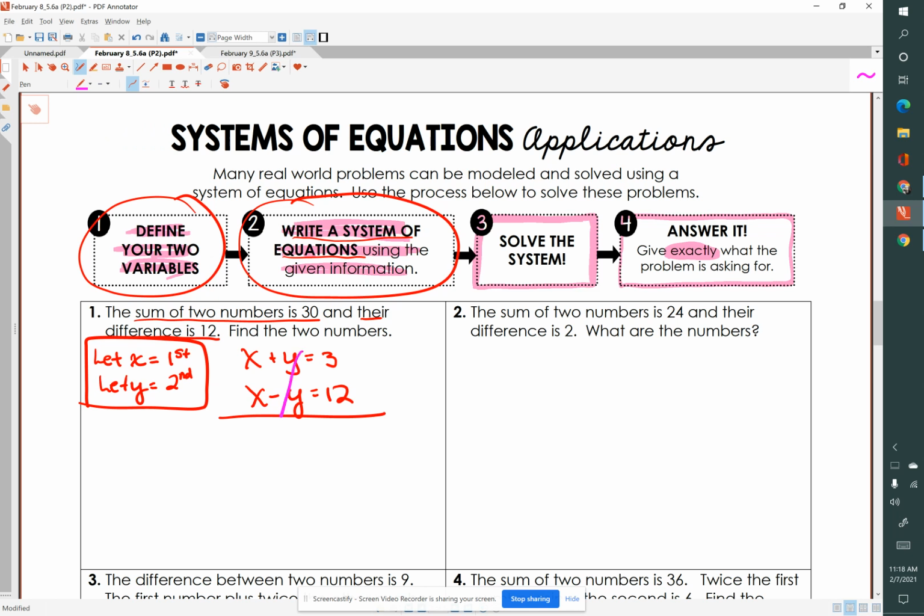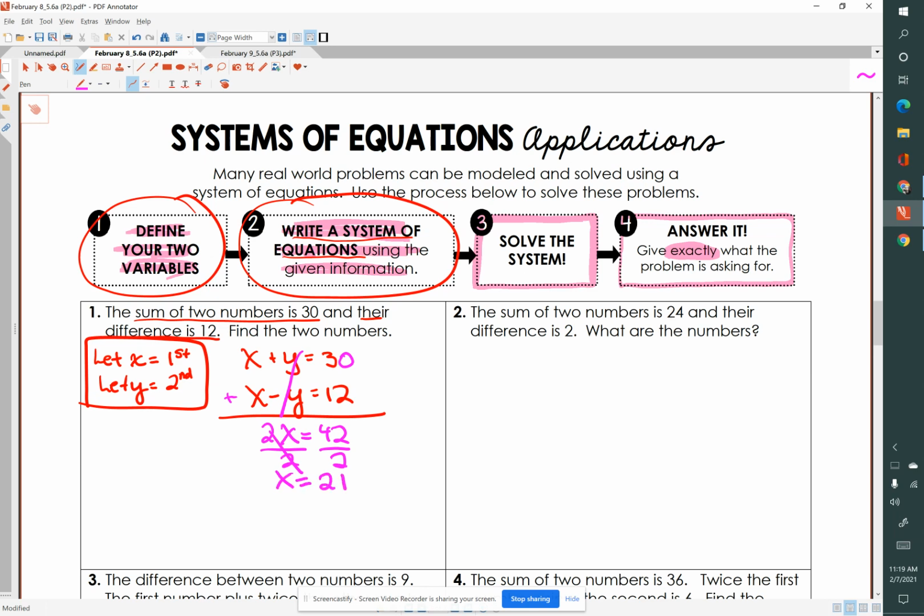It looks like I've already eliminated the y's, plus y minus y. So all I have to do is basically add these two together, and I have 2x equals 42. Divide both sides by 2, and x equals 21.